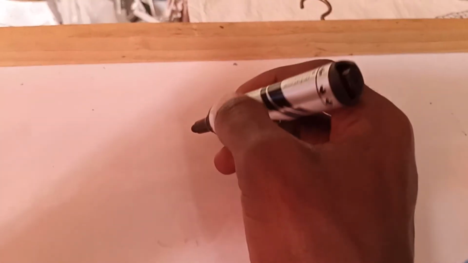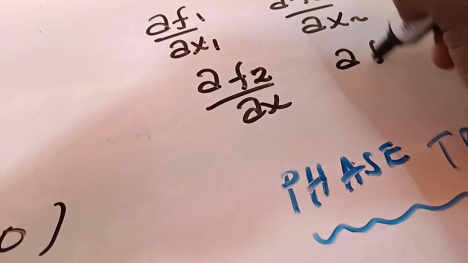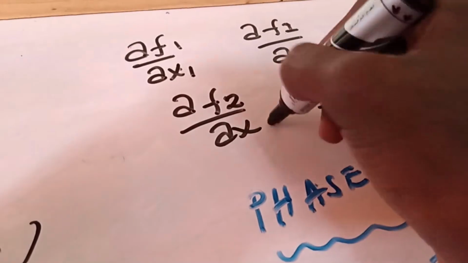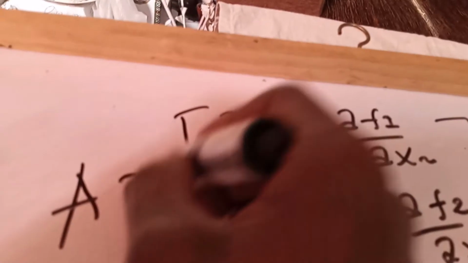So from here we have the partial derivative of f1 with respect to x1, partial of f1 with respect to x2, partial of f2 with respect to x1, partial of f2 with respect to x2. This is our A matrix.